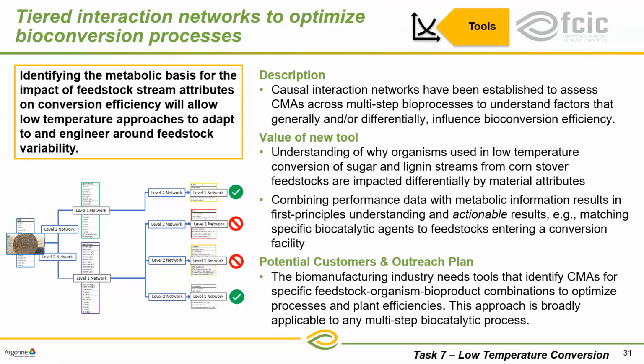Again, the overall goal, predict the performance of new organisms on new feedstocks. Now, because AI, as many of you know, is a data-hungry approach, in the coming months, the low-temperature conversion task is focused on generating a substantial amount of laboratory data to feed this model. And some of those publications will be coming out in the coming months on that.